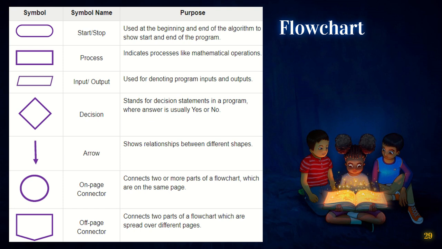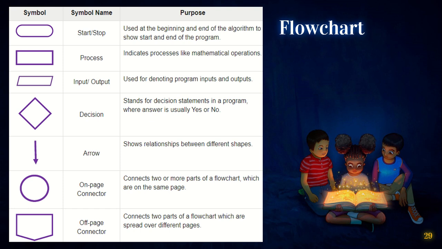Circles you will use for connecting one or more flowcharts, for example when the flowchart is going from one page to another. Arrows define the relations between the shapes. Finally, the off-page connector connects to a different page. If you want to connect parts of a flowchart within a single page across various phases, you can do that with the help of the circle.